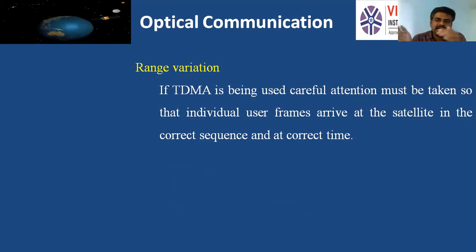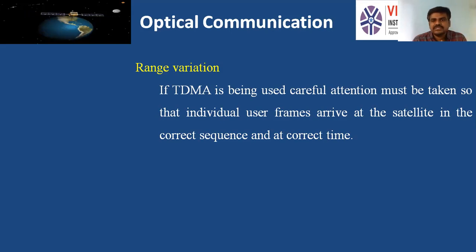The second one is range variation. That means when the satellite is coming towards the observer, that is the earth station, and going away from the earth station, the distance between the satellite and the earth station is decreasing when it is coming towards the observer, and increasing when it is going away from the observer. That means the time taken for the arrival of the packets transmitted by the satellite to the earth station will decrease when it is coming towards the observer, and will increase when it is going away.